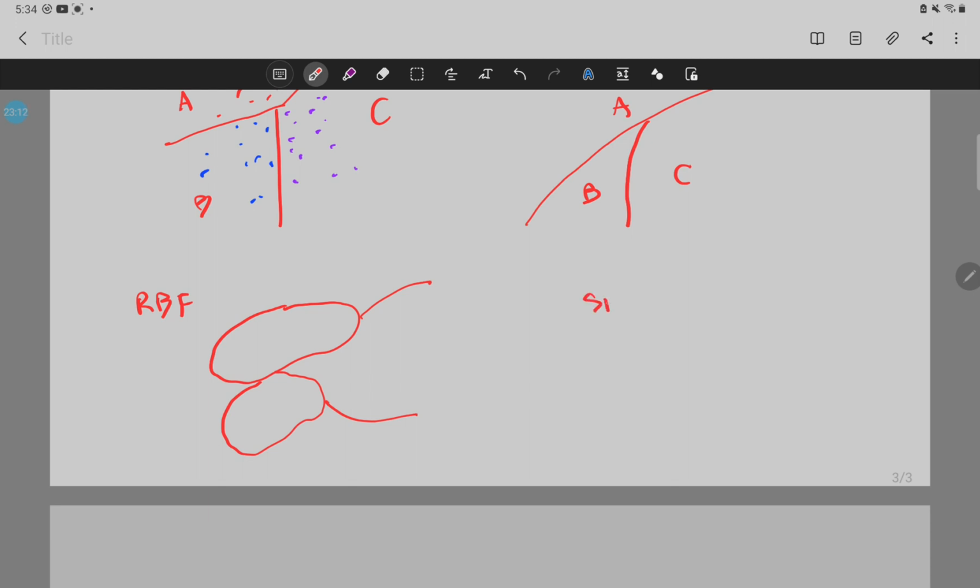Sigmoid is not always so good. Because it's hyperbolic, it is a curve as well. You may have something like this, A, B, and then C. Very often you find that we use RBF quite often. Linear is not bad actually. But polynomial maybe doesn't reflect your boundary so well.